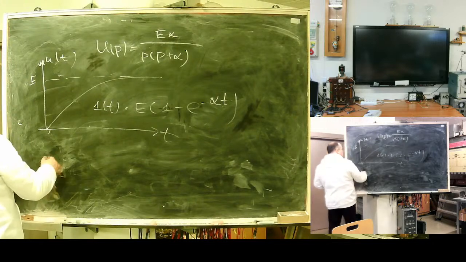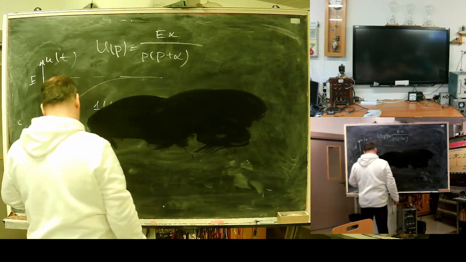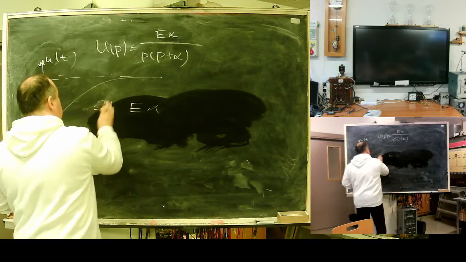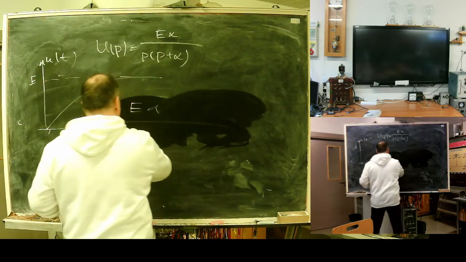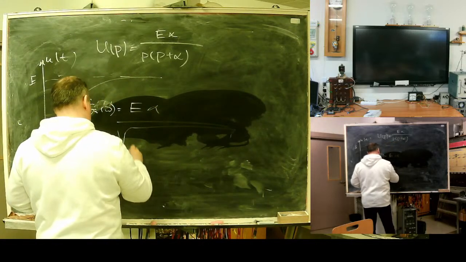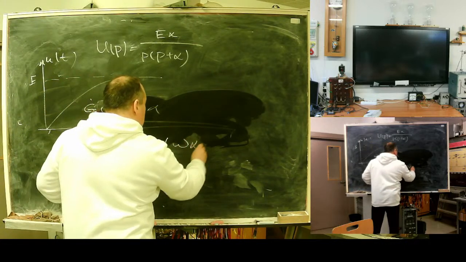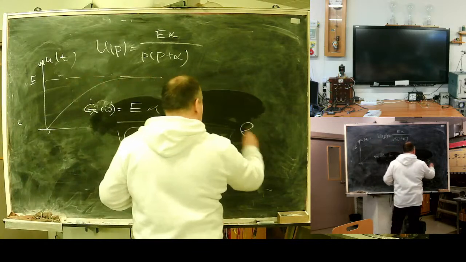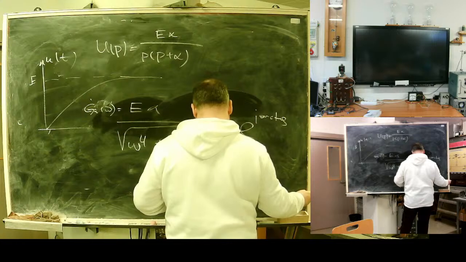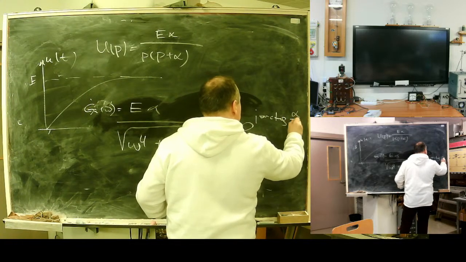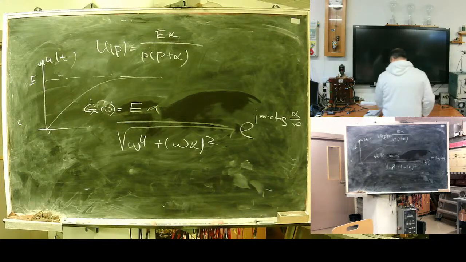And the spectral function will be E alpha divided by square root of omega to the power 4 plus omega squared alpha squared, multiplied by e to the power j arctangent, and here will be alpha divided by omega. Yeah, here it is.